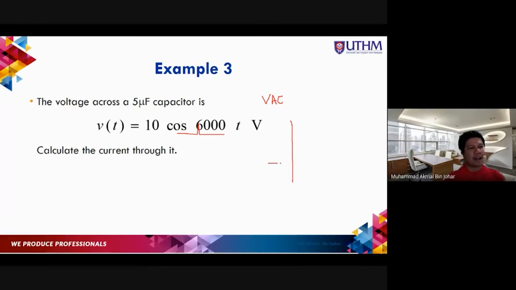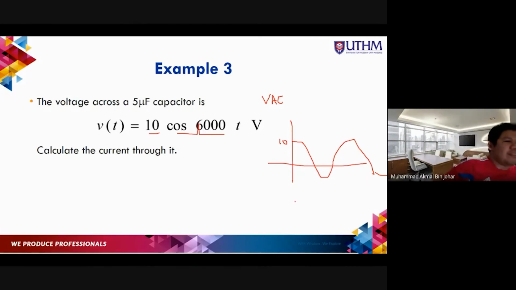Kenapa? Apakah bentuk cos sinus? Sinus punya graf akan jadi macam ini kan? 1, 0, yang gitu kan? So di sinilah nanti you boleh katakan okay, this is 10 volt because of this 10, maximum value dia, dan dia akan beralun ataupun menghasilkan bentuk cosinus pada this is cos omega. Omega is 2 pi f, so you boleh kira dia punya frekuensi. 2 pi f is equal to 6000.